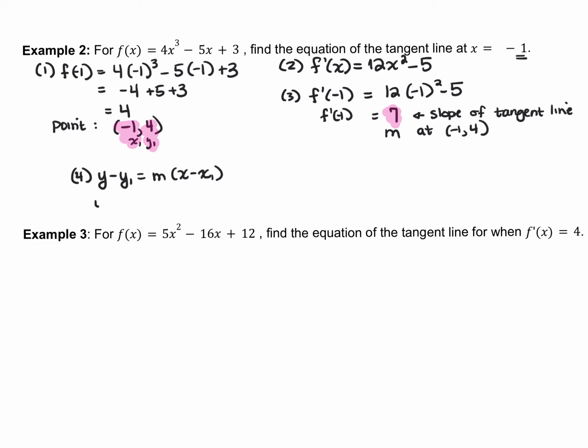So y minus y1, y minus 4, that's what I found there, equals m, which is 7, times x minus x1, which is negative 1, so that'll be plus 1. And then that's my equation. I do not need to do anything to simplify it. I'm going to leave it in point-slope form because that's the easiest form right now for us to look at.